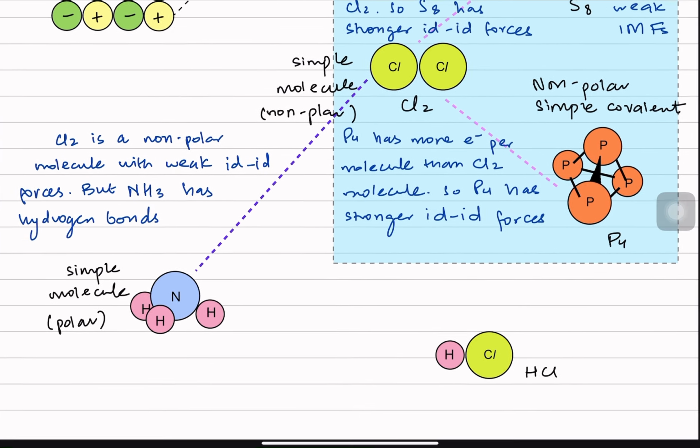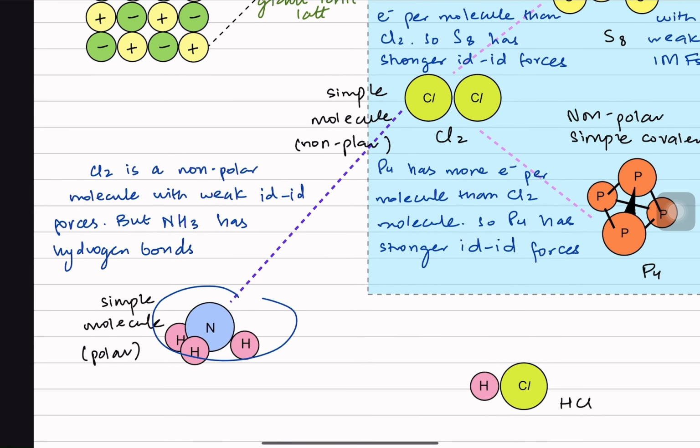So chlorine is a non-polar molecule with weak ID-ID forces, but ammonia has hydrogen bonds between its molecules. And then you can say more heat energy is required to overcome the hydrogen bonds, but less heat energy is required to overcome the weak ID-ID forces. You can write another sentence about heat energy.